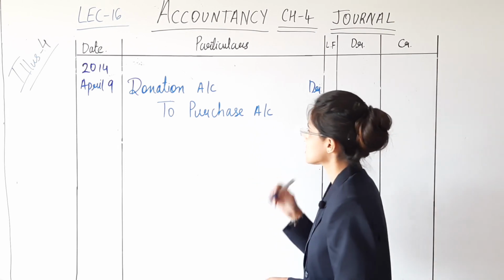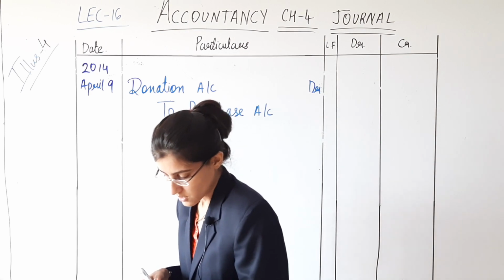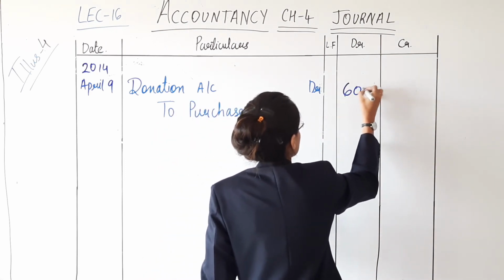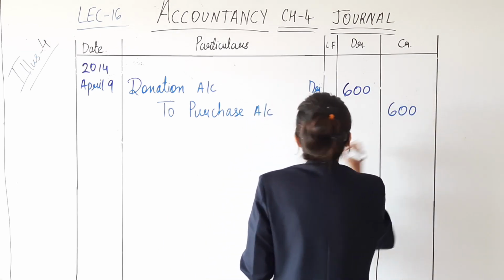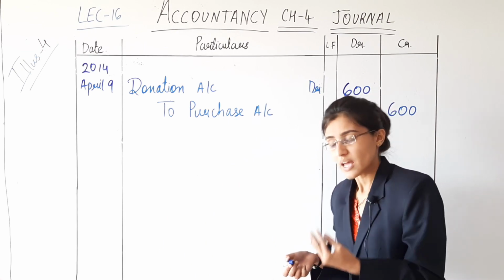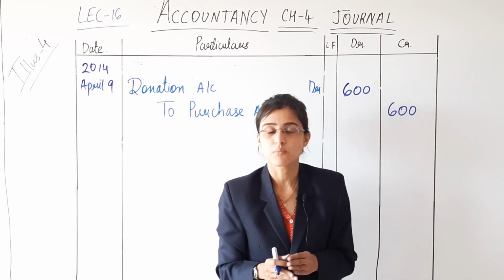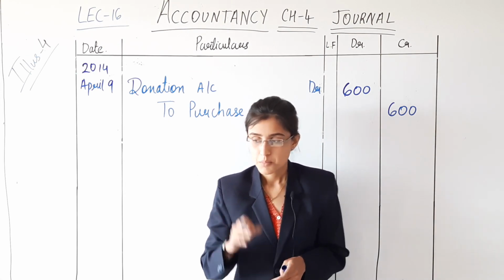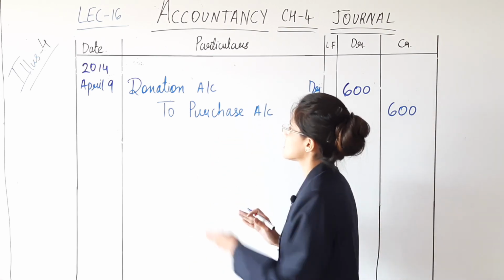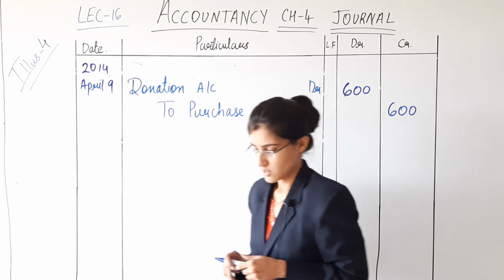So it is credited here with 600 rupees because goods of rupees 600 have been given to the Prime Minister Relief Fund, which were actually purchased in the business for the purpose of selling ahead after adding some profit. But here you have just given them for donation. That is the reason purchase account has been credited.